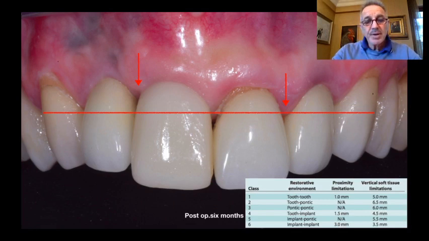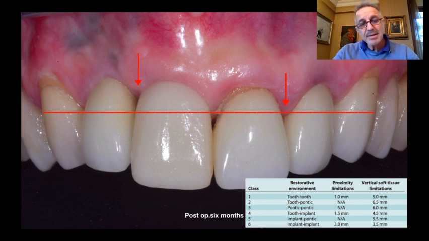If your restorative environment is two teeth, like here 2-1 and 2-2, the proximity limitation is around 1 millimeter, the vertical soft tissue limitation in this case is around 5 millimeters, and the tooth contact area is around 6.5 millimeters. But when you have implant and implant position, in this case the proximal limitation is around 3 millimeters, but the vertical soft tissue limitation decreases to around 3 millimeters.